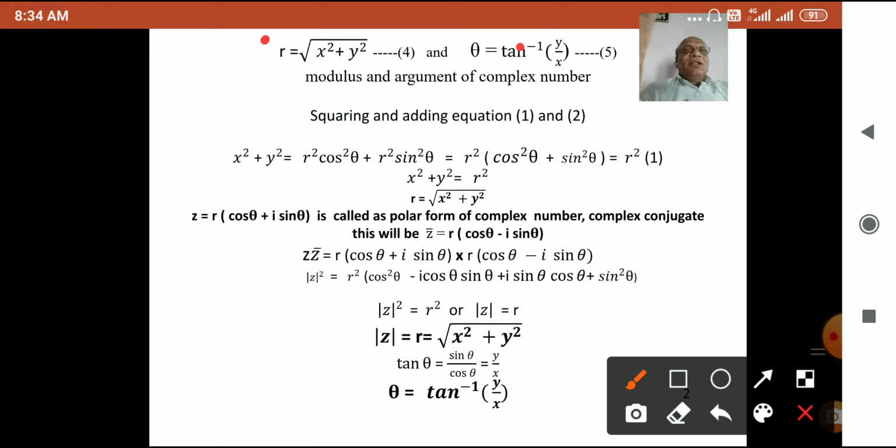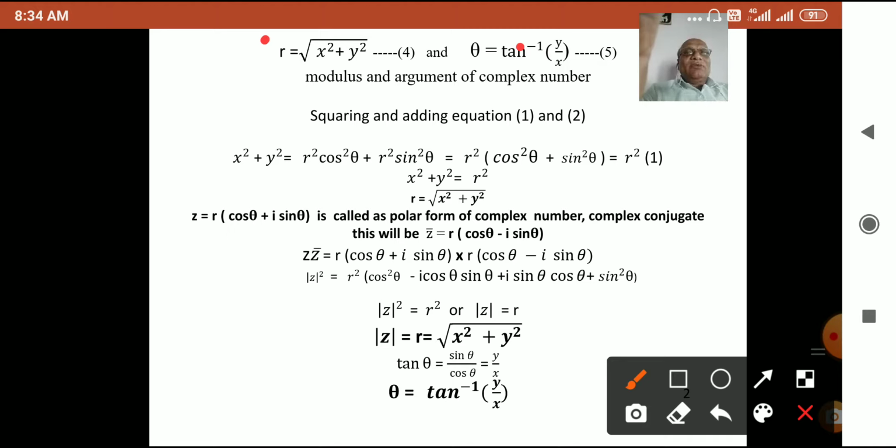Now we see how we come to this point, that is, r is represented by equation number 4 and theta is represented by equation number 5. So let us see the theory behind this. For this, square equation number 1, square equation number 2, and add these two equations.